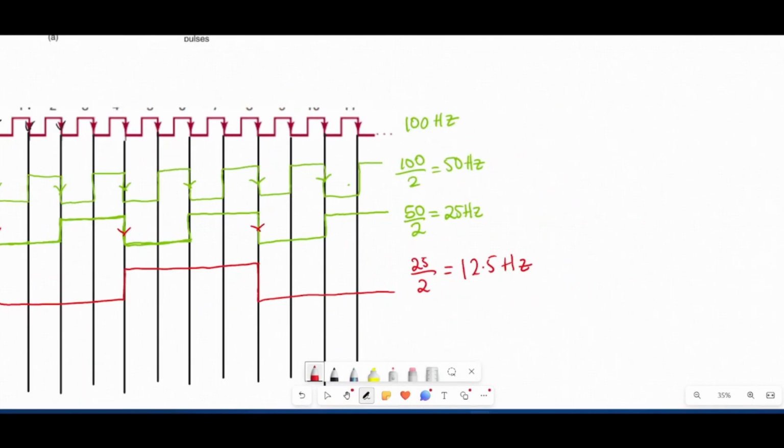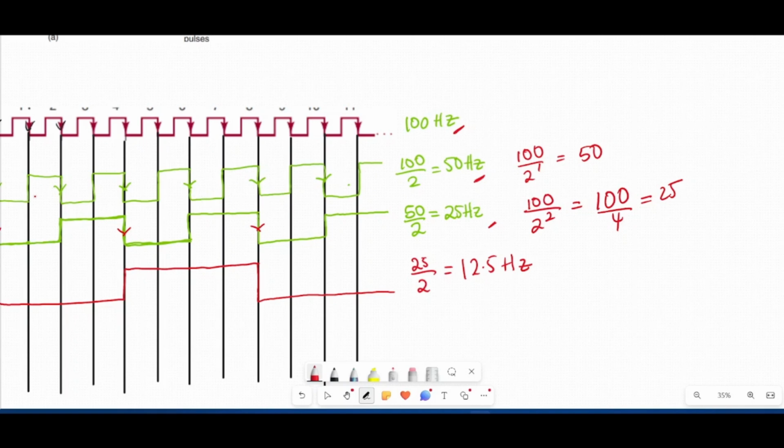So another way to look at frequency division is, initially the frequency is 100 Hz. The first JK flip-flop divides the frequency by 2 to the power 1, which is 50. The next JK flip-flop divides that frequency by 2 to the power 2, which is 100 over 4, equals 25.